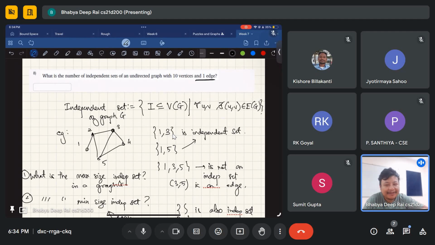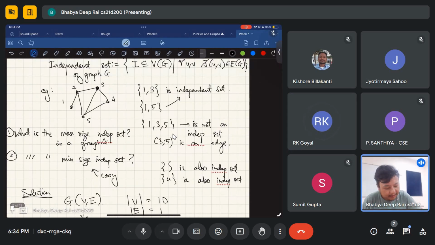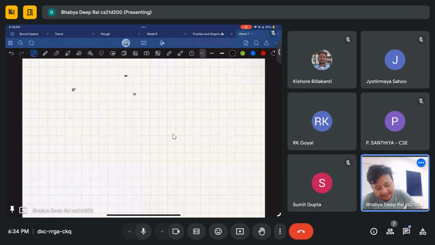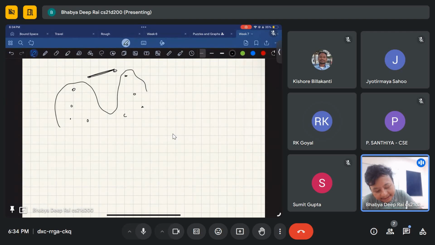Yeah, but what if your subset contains, let's say, V1? My argument was that since there are 10 vertices and one edge is given, I am left with 8 vertices in which there is no edge. So you have 10 vertices and you have an edge here. Yes, these are 8, I agree.